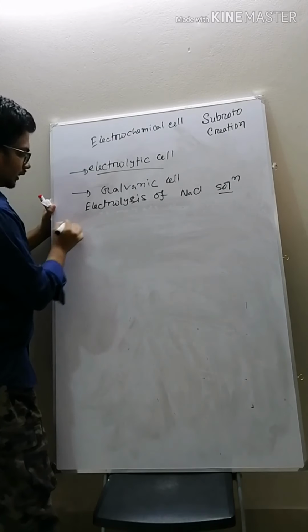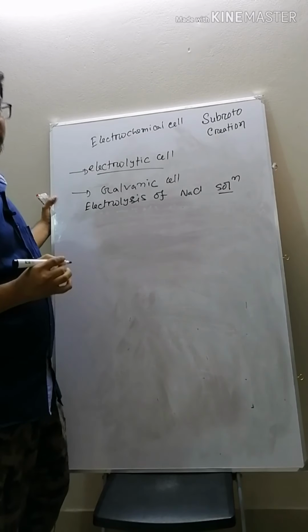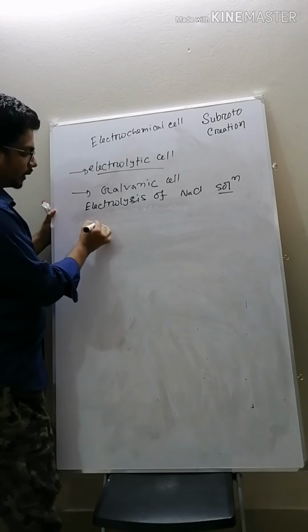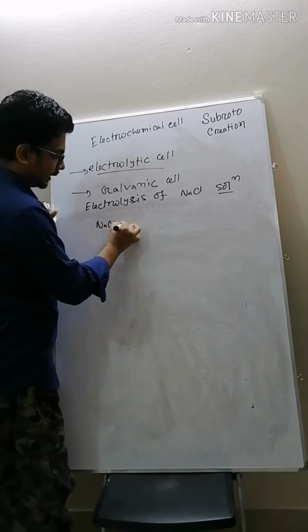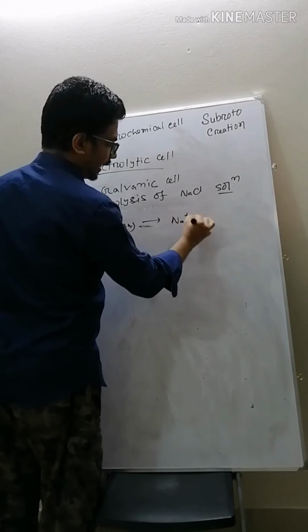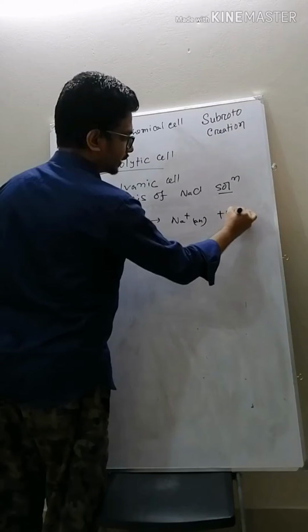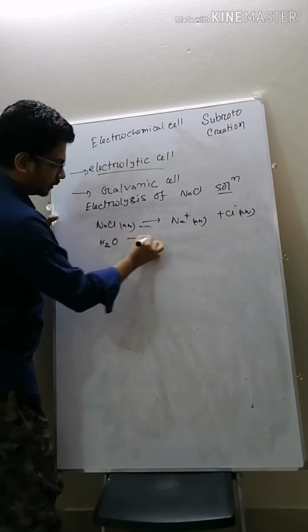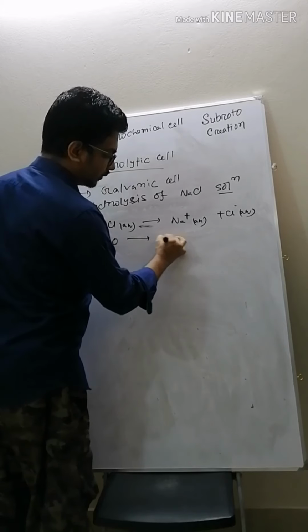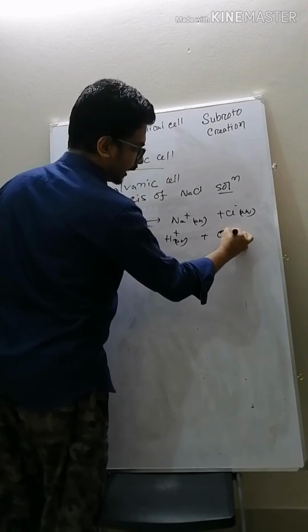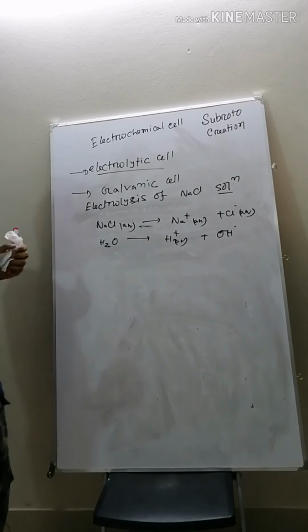Okay, in sodium chloride solution there is two compound. One is sodium chloride in aqueous form. It will convert to sodium ion aqueous plus chloride ion aqueous, and water H2O, which will convert it to H plus ion and hydroxide ion.